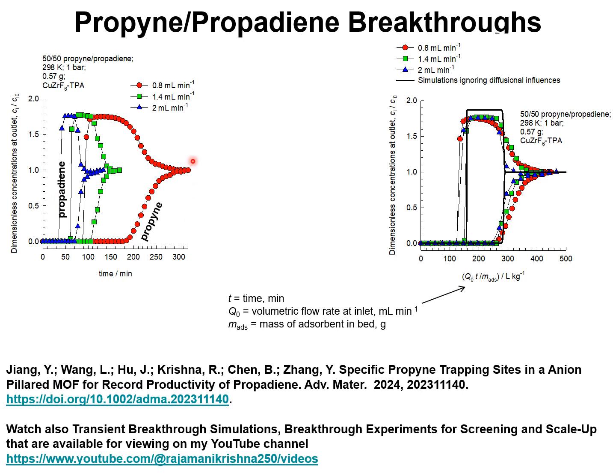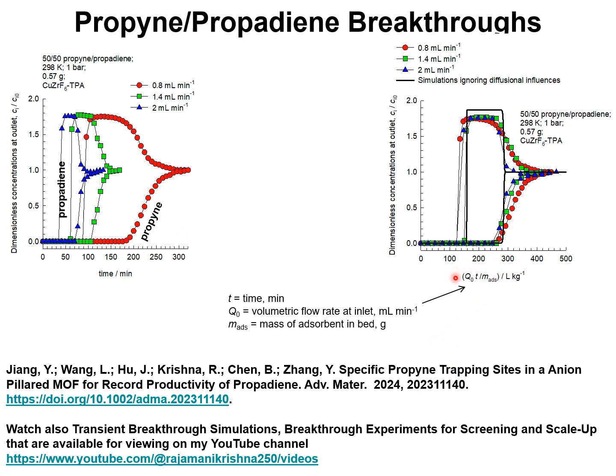The first thing to do in such type of experiments is to replot the data in terms of a modified time parameter as x-axis, where the modified time parameter is the actual time t in minutes, say, multiplied by the volumetric flow rate at the inlet in units of, say, milliliters per minute, divided by the mass of adsorbent. In this case, the mass of adsorbent is 0.57 grams for all 3 experiments.